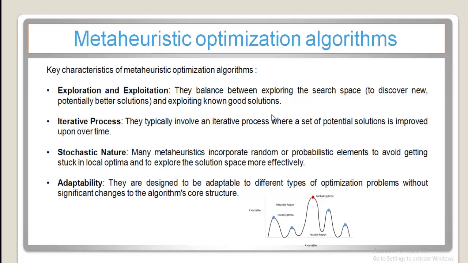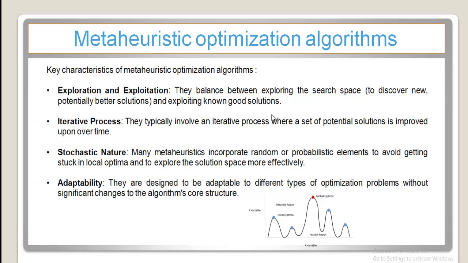Thirdly, we look at their stochastic nature. These algorithms integrate random or probabilistic components. This is not aimless randomness. It's a calculated strategy to prevent the algorithm from getting stuck in local optima, enabling it to navigate more freely and effectively across the search space.